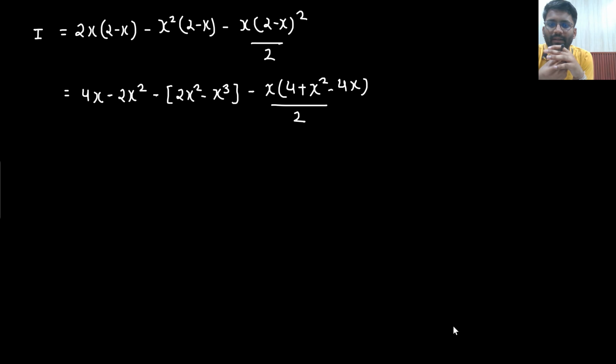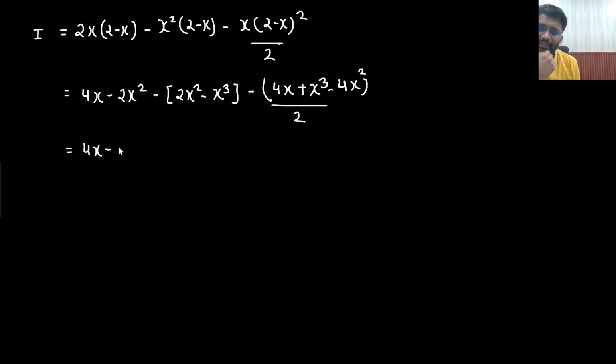Understandable? So 4x plus x cube, let's take this x inside. This will become x square, this will become x cube, and this will become 4x. So this x I have taken inside. Understandable?